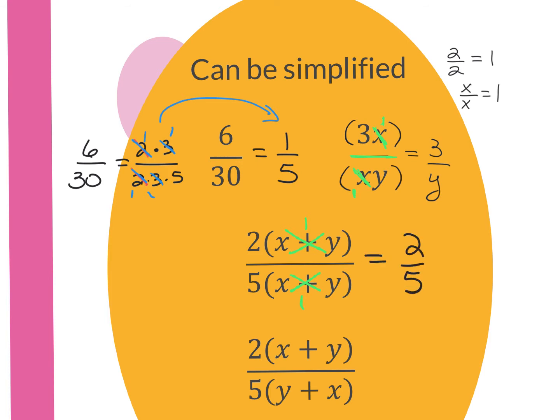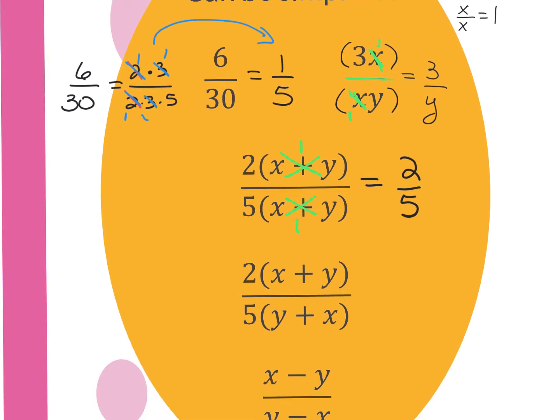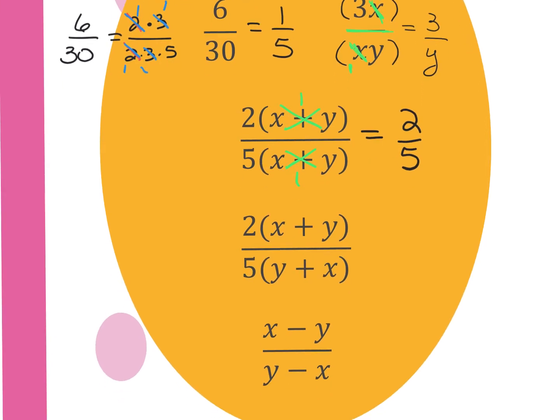Now, remember on the next one, remember that addition is commutative. So the order that I add two numbers doesn't matter. So technically on this next one, x plus y and y plus x are exactly the same thing. So this will also simplify and becomes ones, and then 1 times 2 is 2, and 5 times 1 is 5.